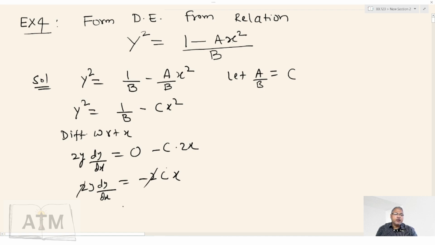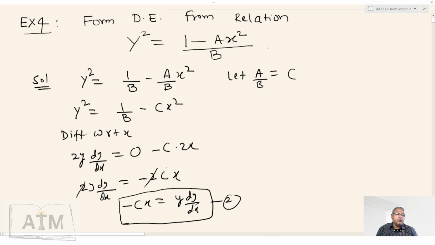Therefore, we get minus cx equals y dy/dx. Call it equation number 2 and the given one as the first equation. Now we have to find the value of b. For that, we shall be putting the value of c in the first equation.